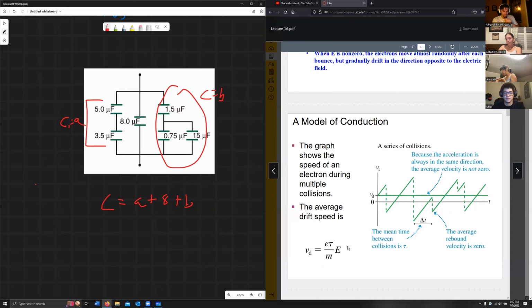And the electric field is the voltage divided by the distance between two plates. That only works if you're talking about plates, but yes.